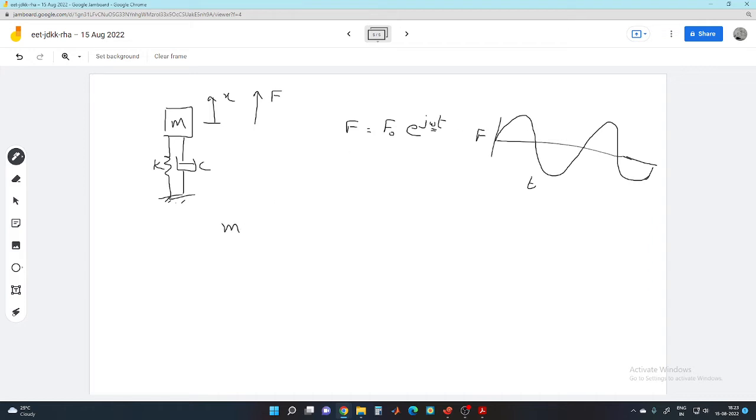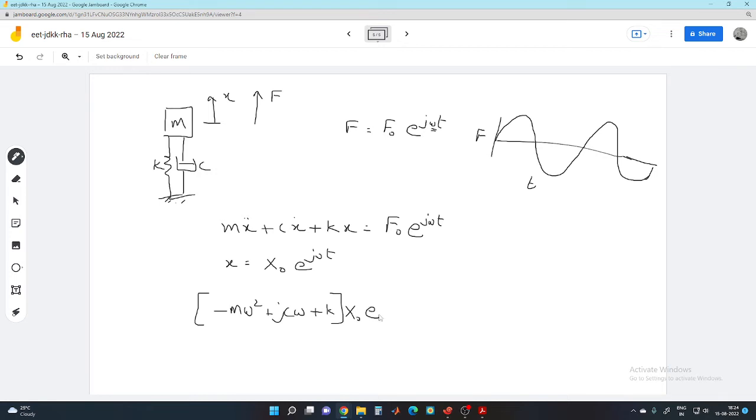And then we write m x double dot plus c x dot plus k x equal to f naught e raised to power j omega t. So what we do is we keep x as x naught e raised to power j omega t. We substitute it here, and finally we get minus m omega square plus k plus j c omega, times capital X naught e raised to power j omega t, equal to f naught e raised to power j omega t.